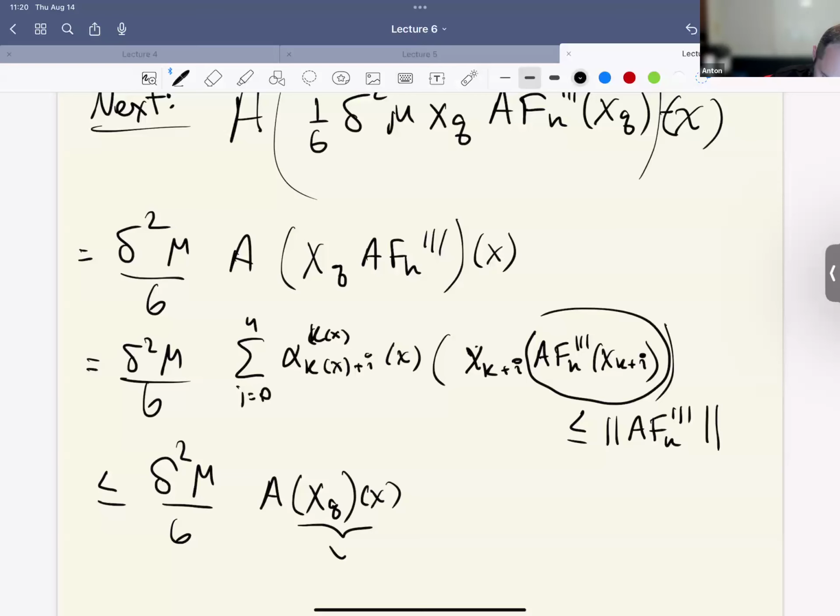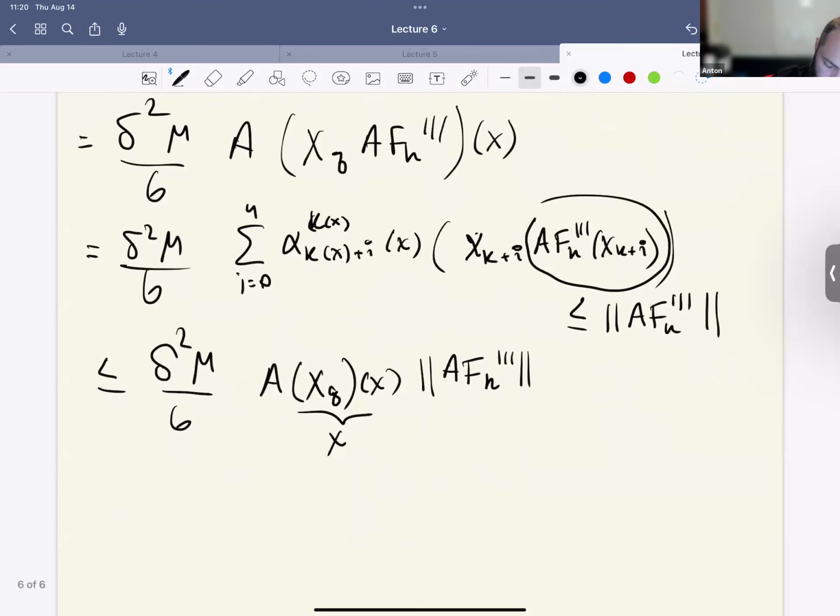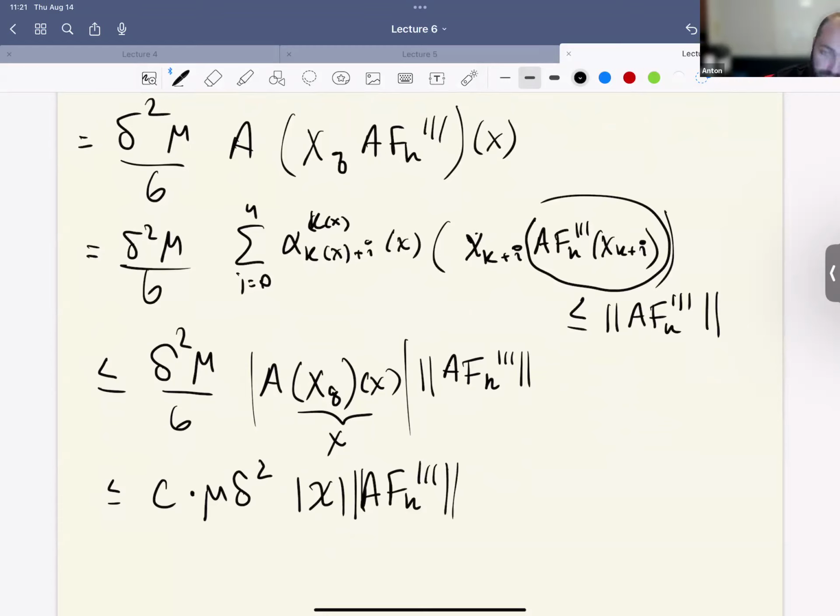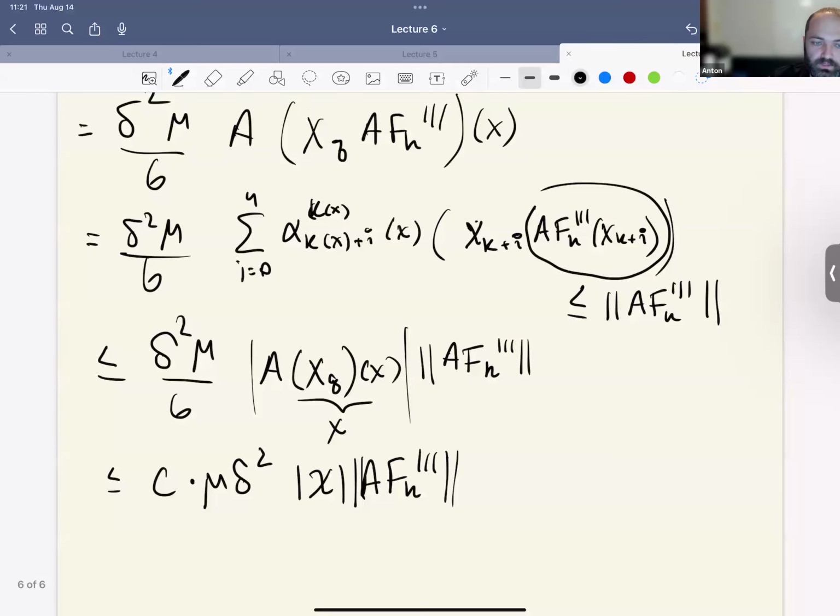And this is just x. And then we have a norm of the third derivative. In other words, we have some constant times mu delta squared, and we have absolute value of x times the norm of the third derivative. Okay.